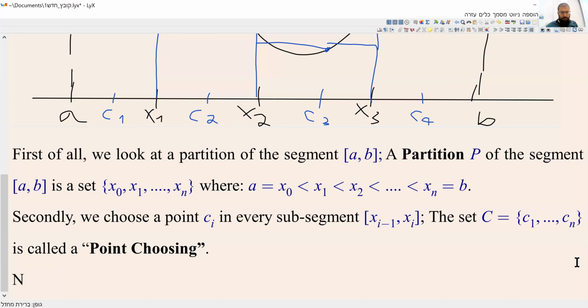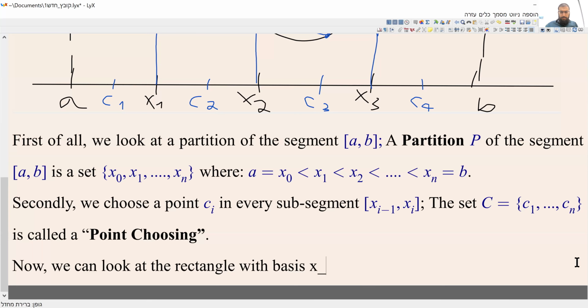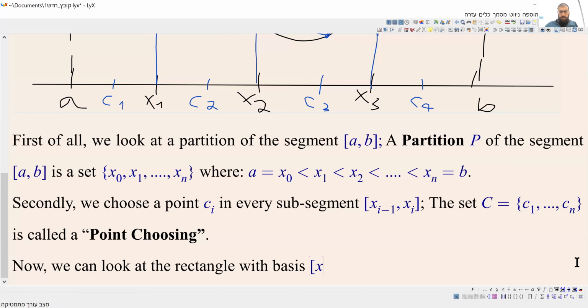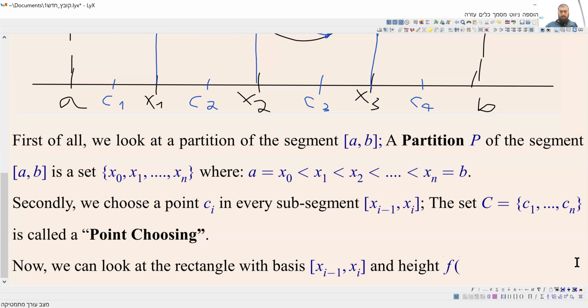Now we can look at the rectangle with bases x(i-1), xi, and the height f(ci).